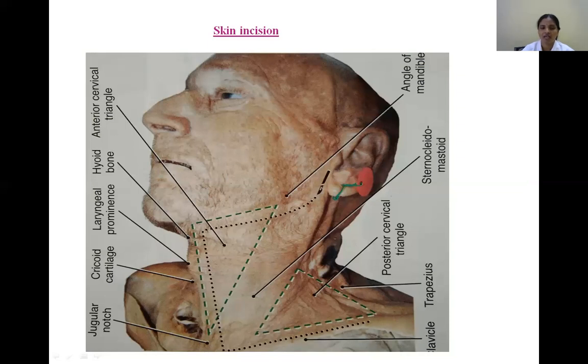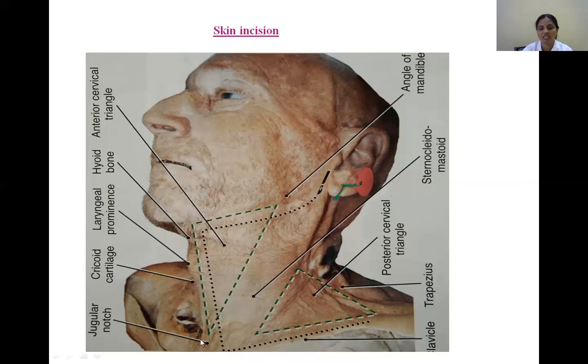Another incision goes from the suprasternal notch back to the acromion process, that is the summit of the shoulder. Then the upper incision extends from the symphysis menti along the lower border of the mandible, then back to the mastoid process. So these are the skin incisions.